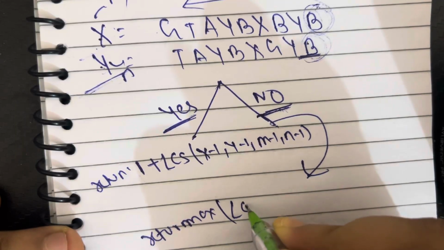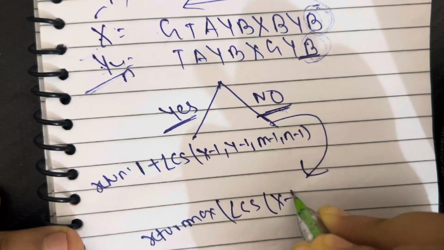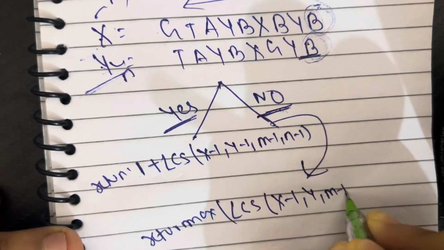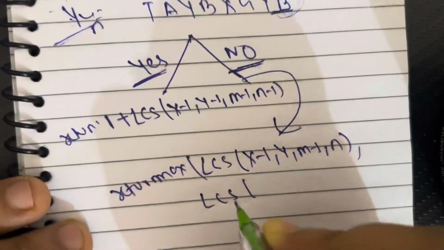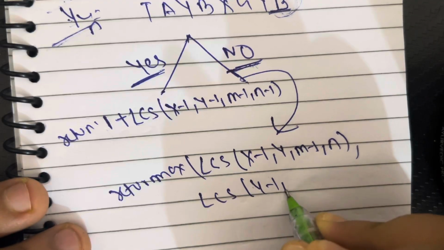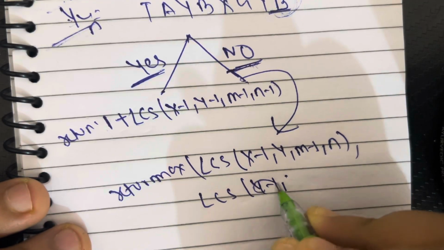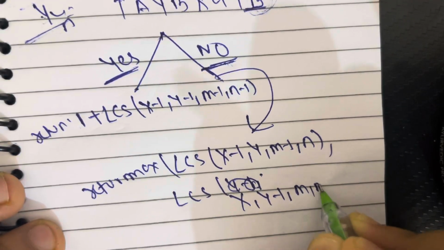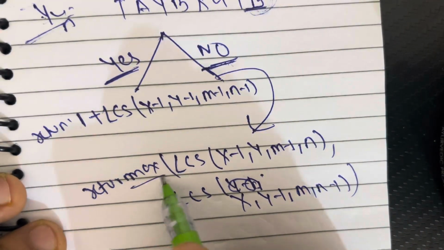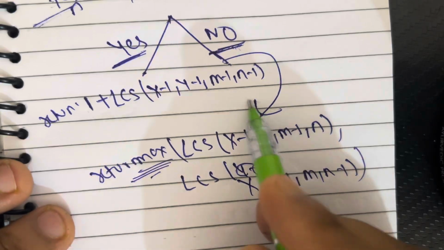So we call LCS(x minus 1, y, m minus 1, n) and LCS(x, y minus 1, m, n minus 1). Then we take the maximum of what is returned from these.